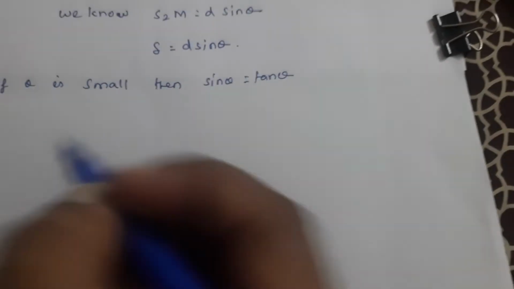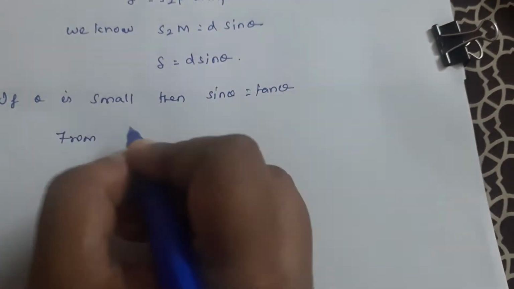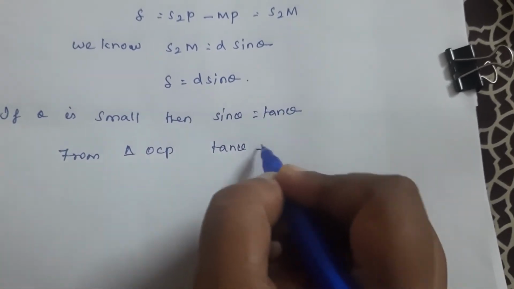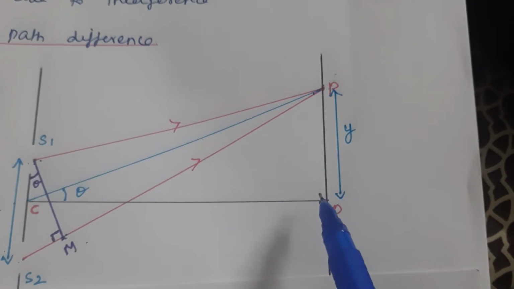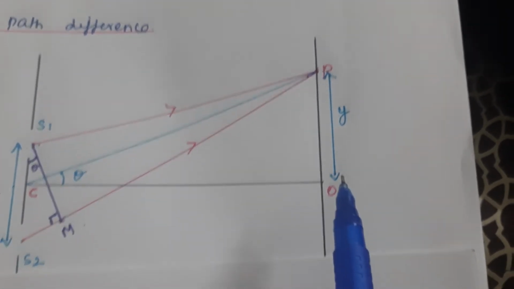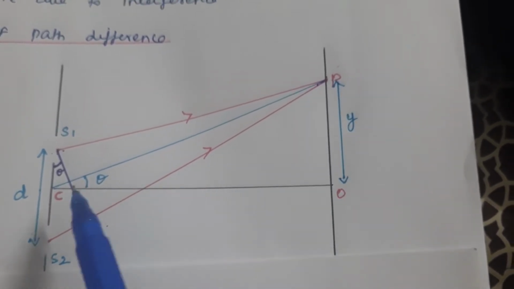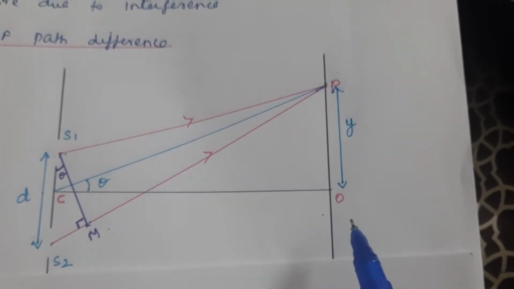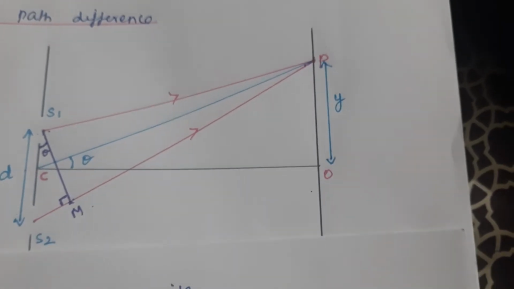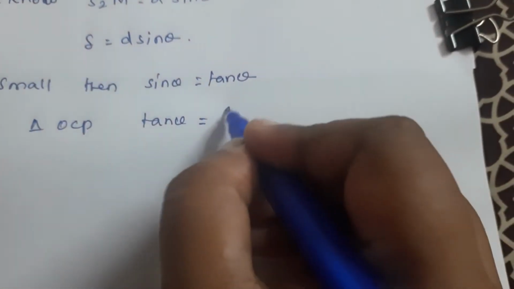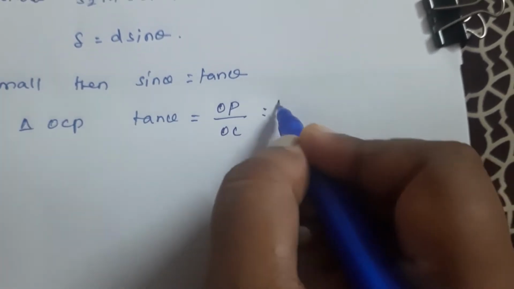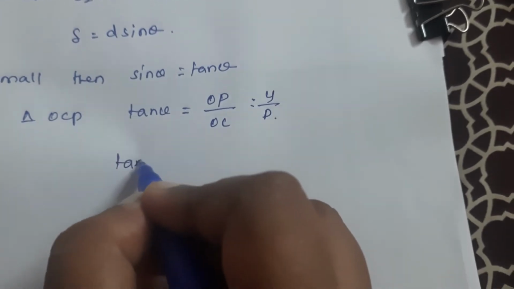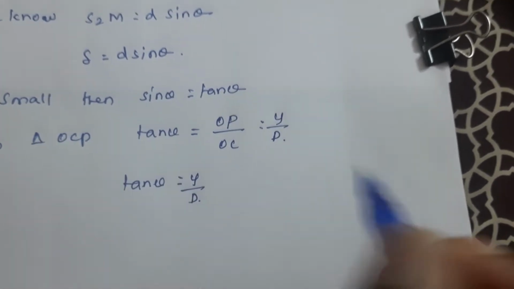So from triangle OCP, tan theta is equal to OP by OC. This distance is D, this distance is Y. So OP by OC is Y by D. So tan theta is equal to Y by D.